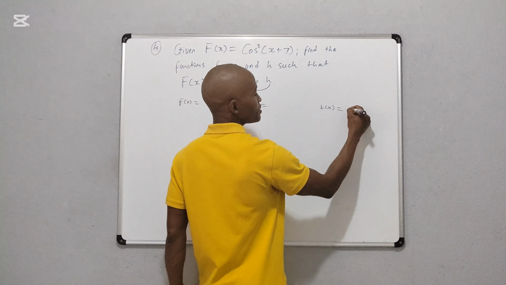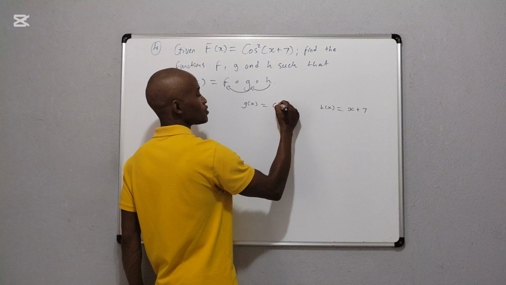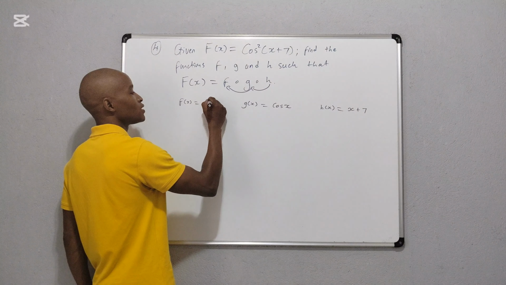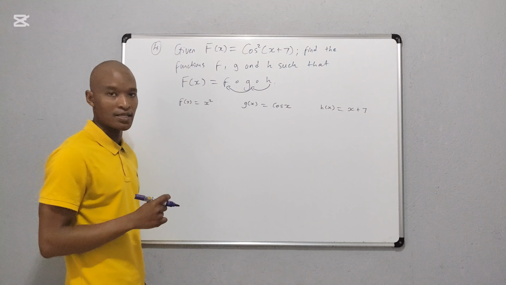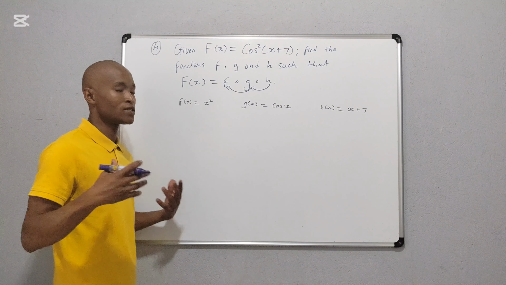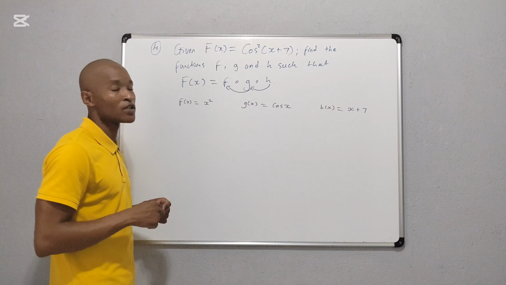So basically this is what we have. x plus 7 going into cos x, and this now goes into x squared. Those are the three possibilities of this type of composition, and I challenge you to think of your own to come up with the very same function.